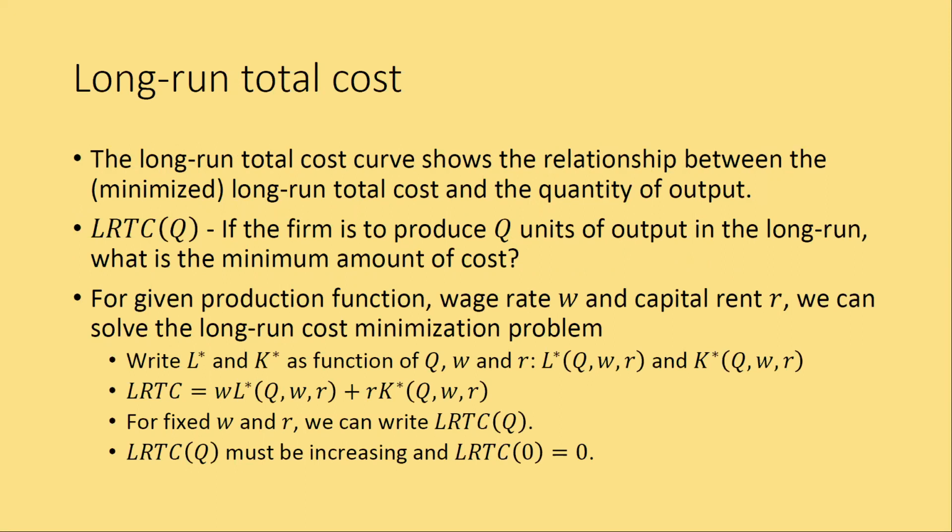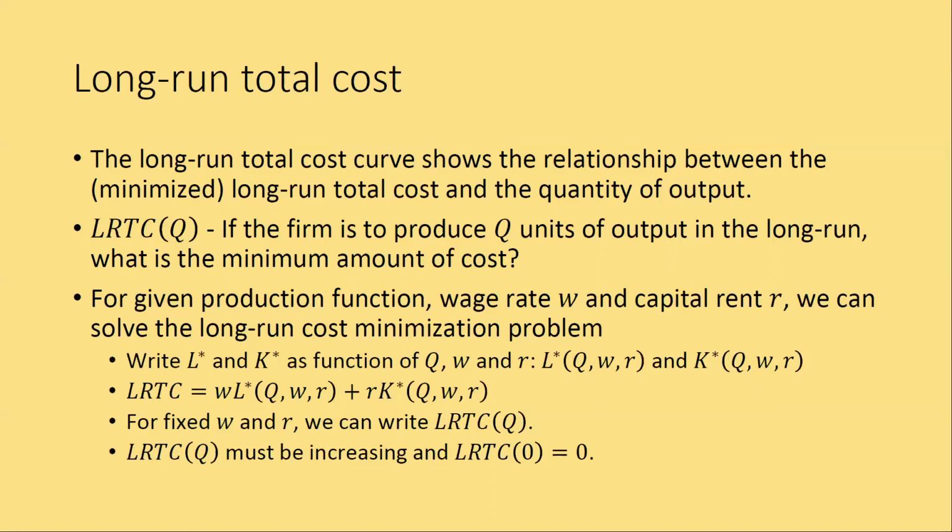We already derived the long run total cost curve last time, if you remember, when I used the most general Cobb-Douglas production function. I didn't substitute any numbers, but used all letters, and I derived a very complicated looking expression for both the optimal combination of inputs, or the amount of labor and capital that the firm is going to use to minimize its cost, as well as the total cost.